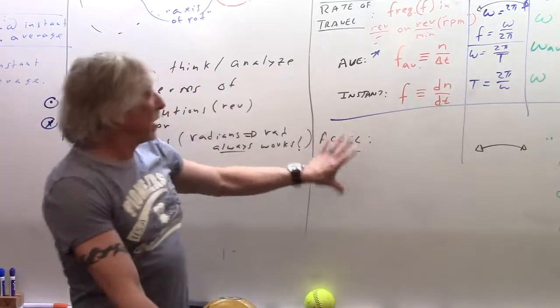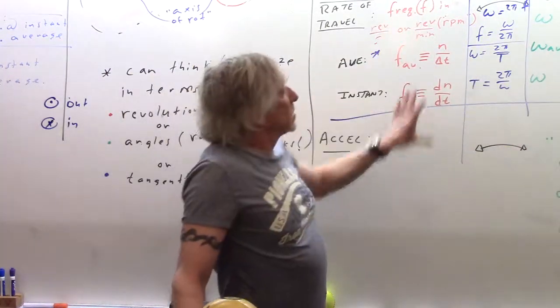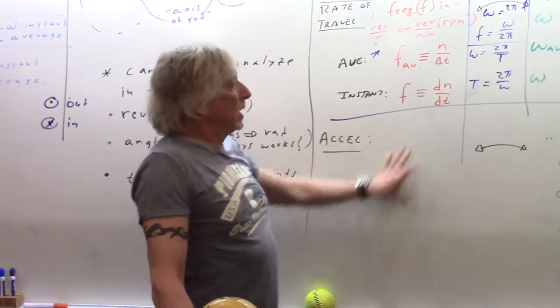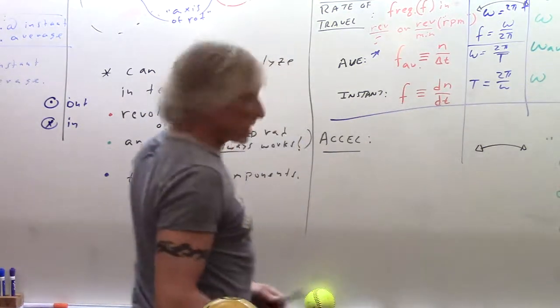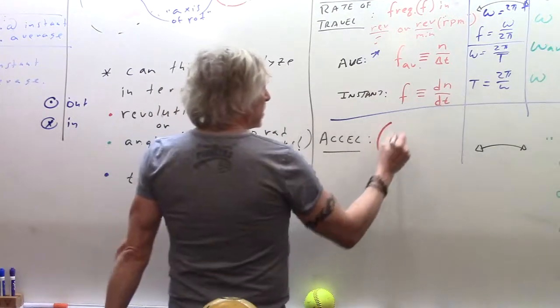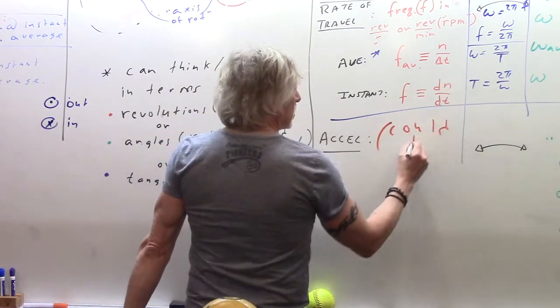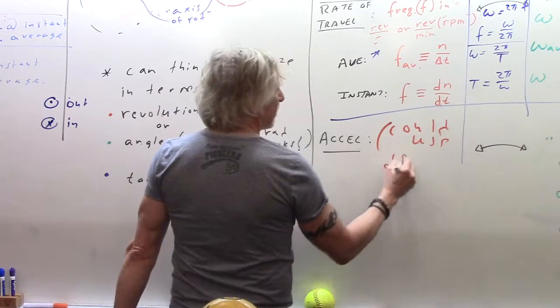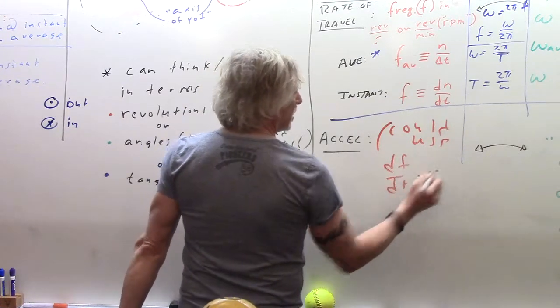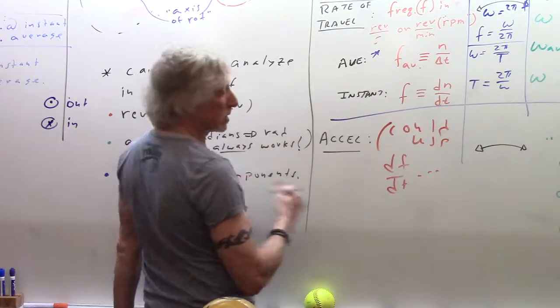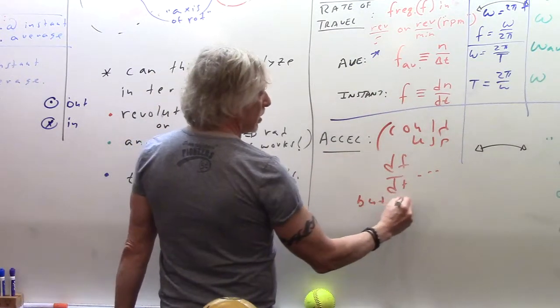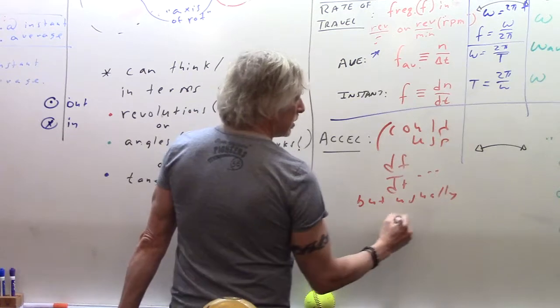And then finally, we can go over here to acceleration. Now, the truth is we often don't analyze this here. I could use df dt, the rate at which that rate changes, but we usually don't.